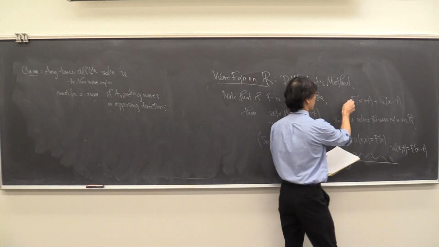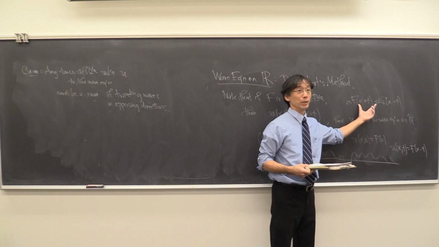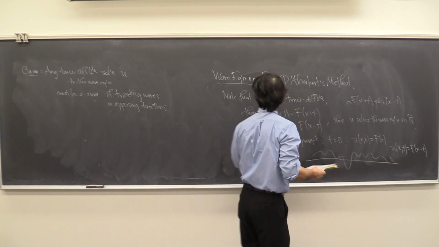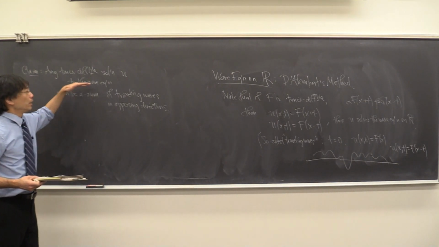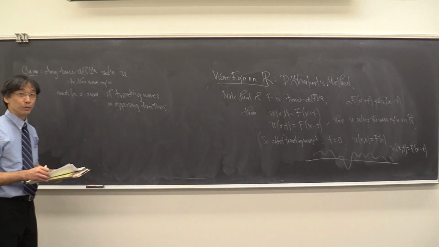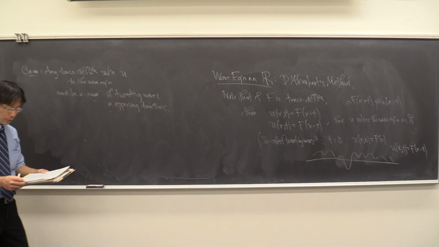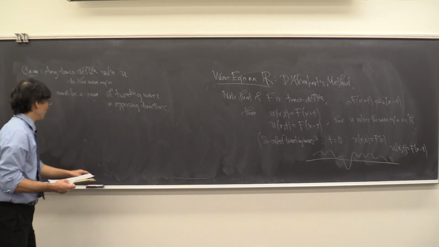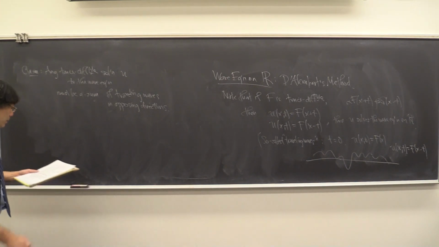In fact, any linear combination is still going to be a solution. And what this is saying is that whatever solution you get can be realized as a combination of two waves in opposing directions. Okay, and this is just another sort of chain rule exercise. So here's the proof.